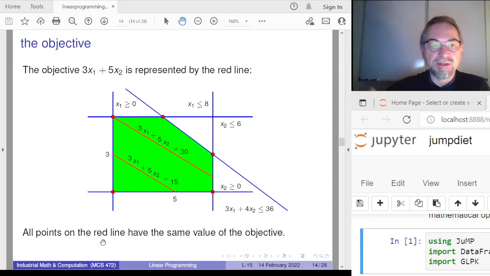So if we have these coefficients 3 and 5, and we produce 3 items of x2, then we have a profit of 15. To realize the same profit 15 with x1, we have to make 5 instead of 3.